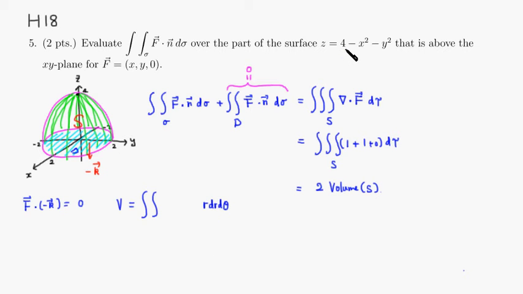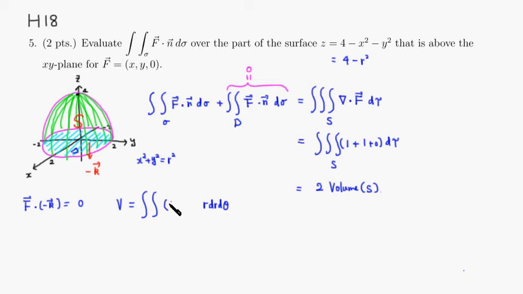The surface equation is 4 minus x squared minus y squared, and x squared plus y squared is r squared, so this is the same thing as 4 minus r squared.